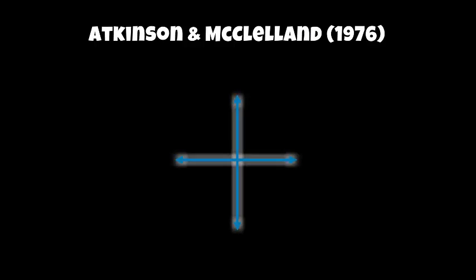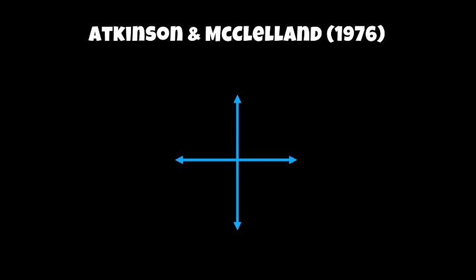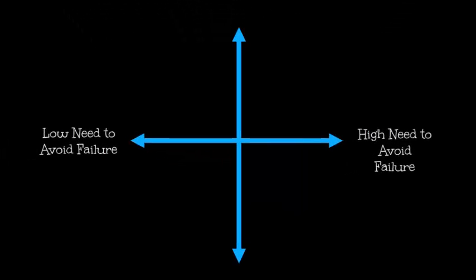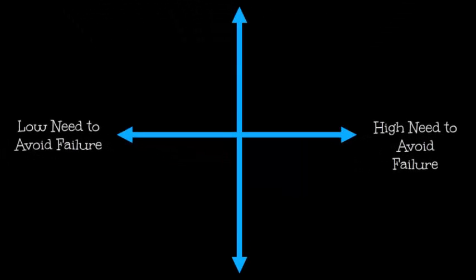The main theory relating to achievement motivation was designed by two individuals, Atkinson and McClelland, in 1976, and they came up with this diagram with two continuums which cross over each other. So you have a north and south continuum and an east and west continuum, and across the east and west continuum they decided that individuals generally have either a high need to avoid failure, so they really don't want to fail at something, or a low need to avoid failure.